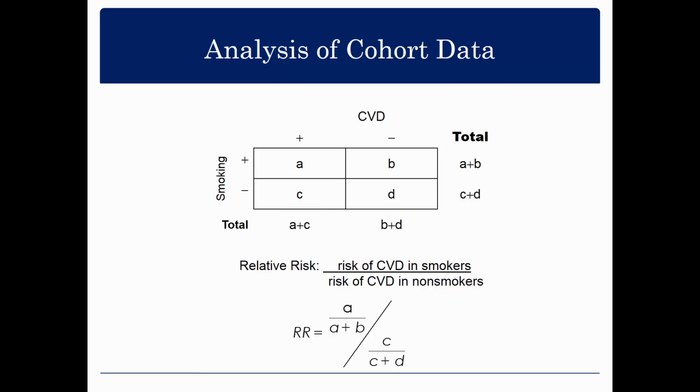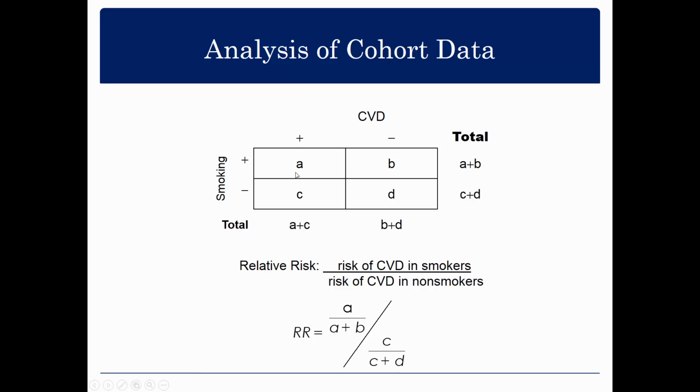Analysis of cohort data, again, because of the way I've got it set up in terms of exposure and outcome, all of them look like contingency table data. We tend to report relative risk in cohort data because we're after the risk of developing the disease in people who are exposed versus unexposed. So risk is a measure of the number.